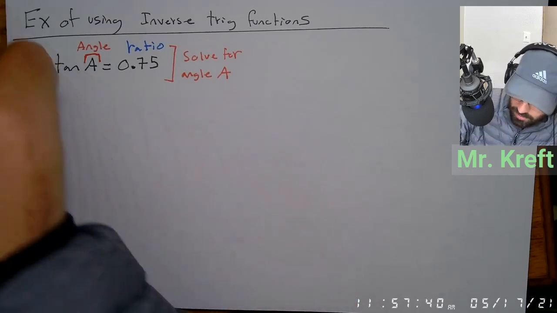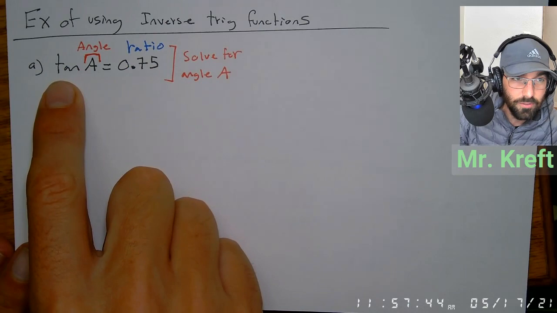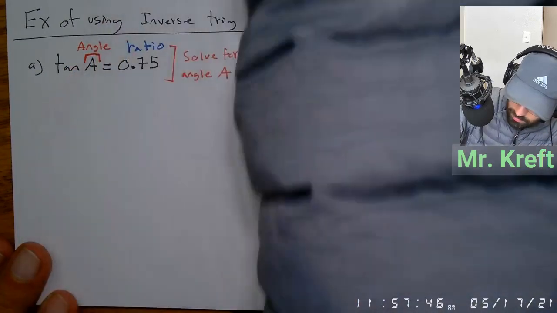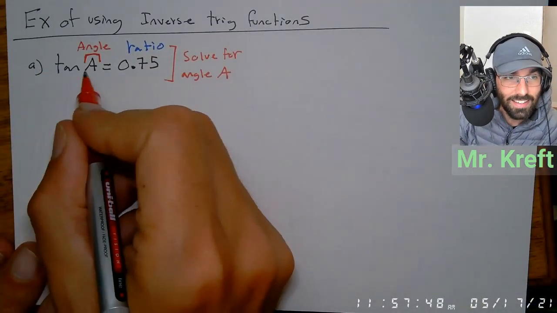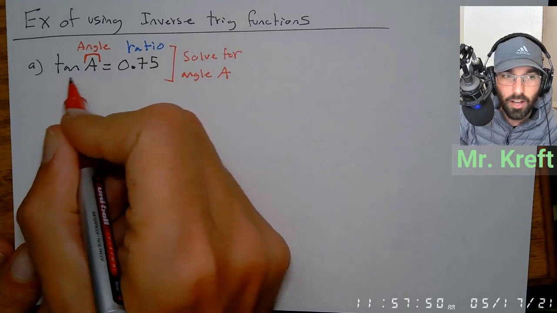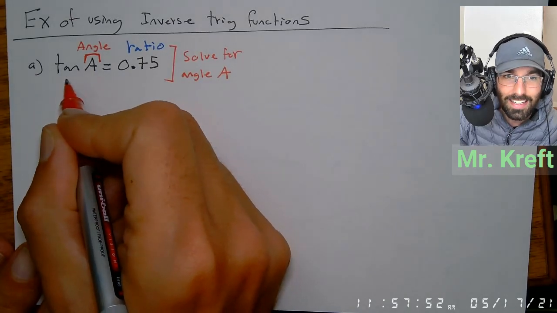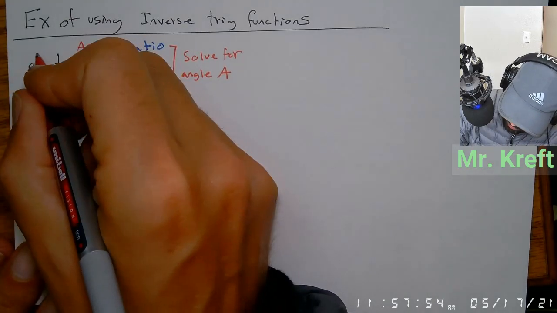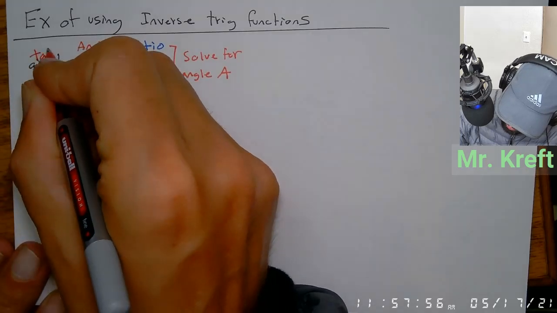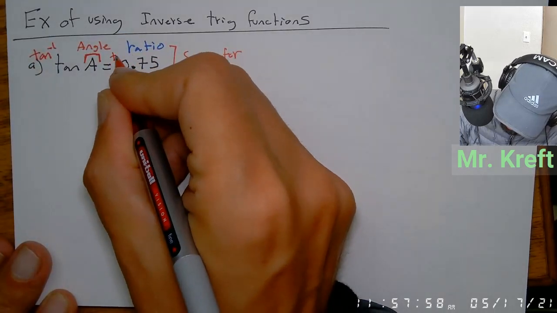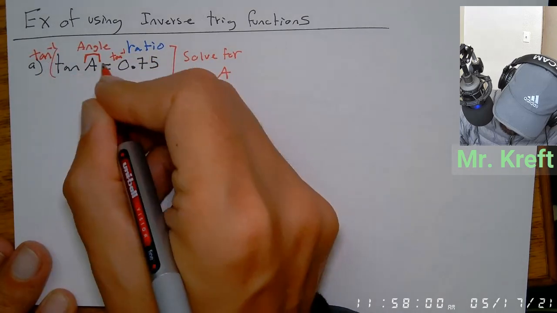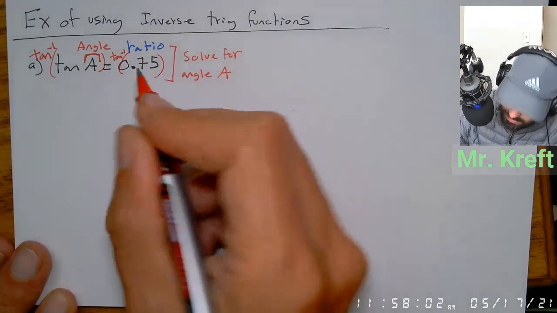Okay, so to solve this, we need to get rid of tangent. You see how angle A is inside? It's in a shoe, so we have to take off our shoe. So we're going to take tangent inverse. We don't have to do it this way, but we can.